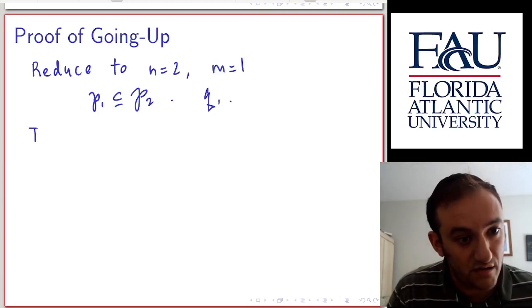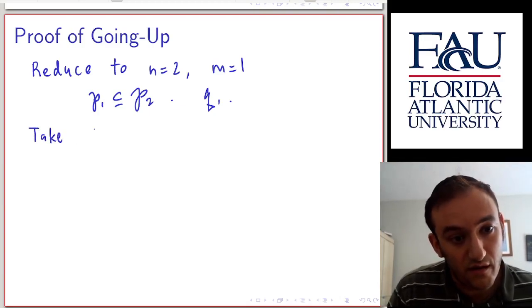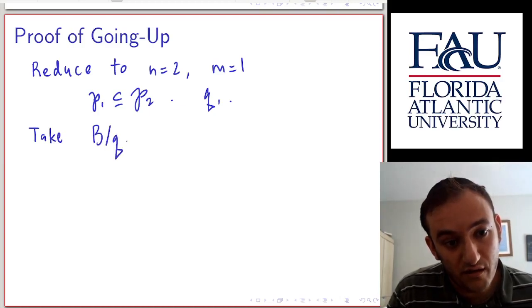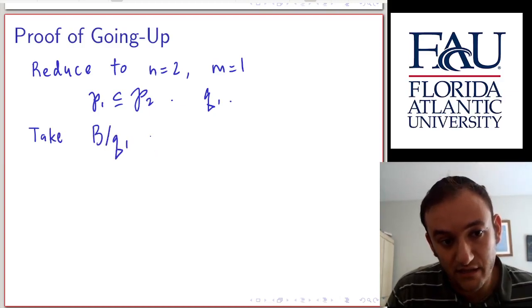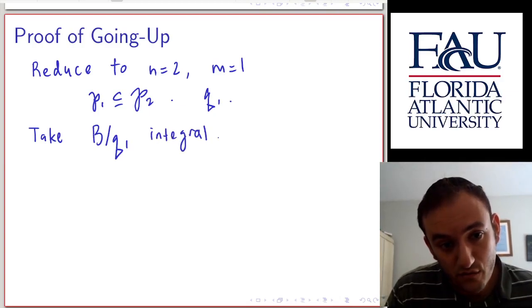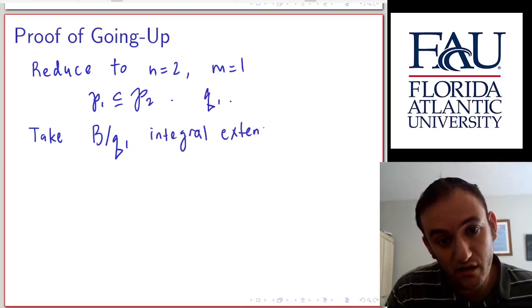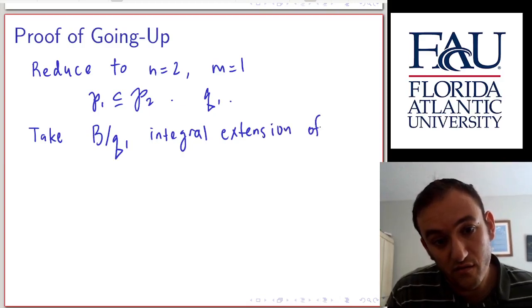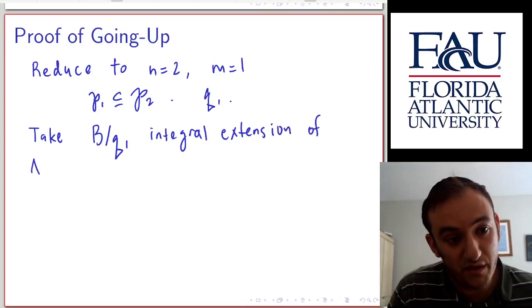So take B mod Q1. This is an integral extension of A mod P1. Okay.